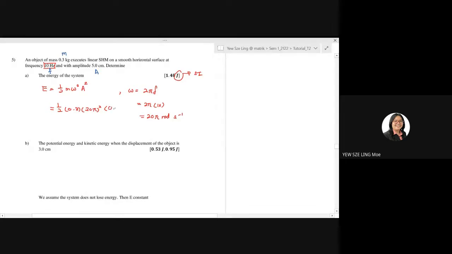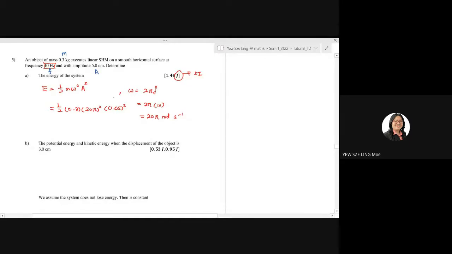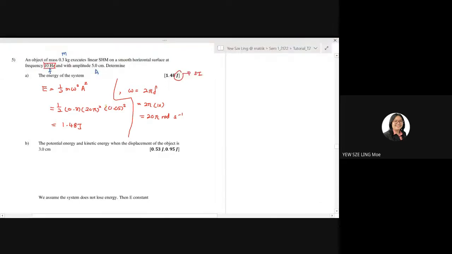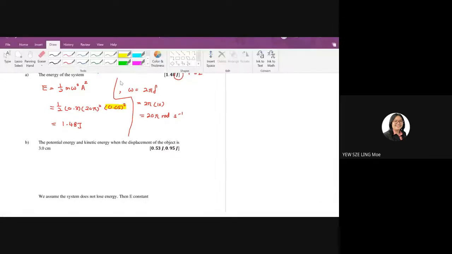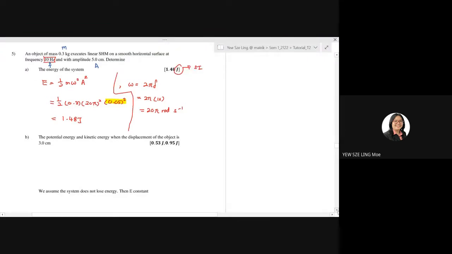So 0.05 squared. So E is then equal to 1.48 joule. Make sure your A is in SI unit, because energy in joule is in SI unit.